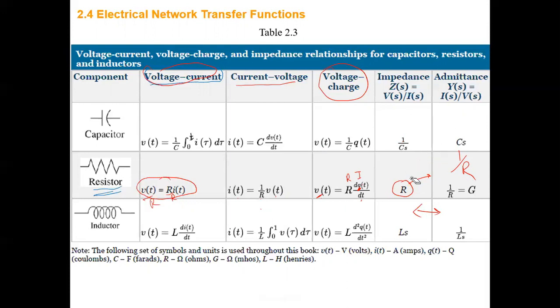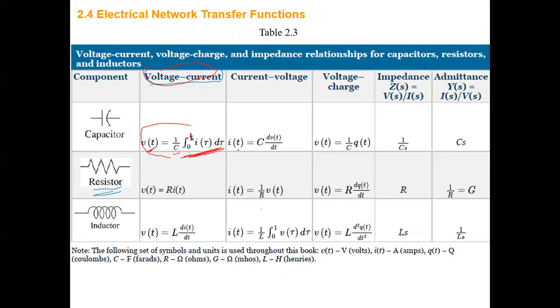Now, similarly, for the capacitor, what is the voltage current relationship? For the capacitor, it is this here: v equals 1 over C integral from 0 to t of i(tau) d tau. Meaning, do the integration of i, then divide by C gives you the voltage in the capacitor.